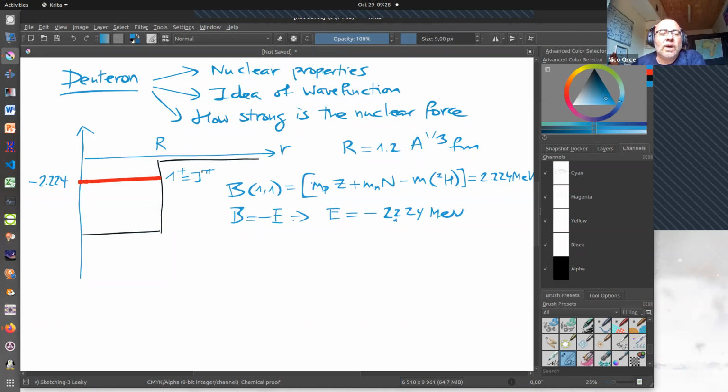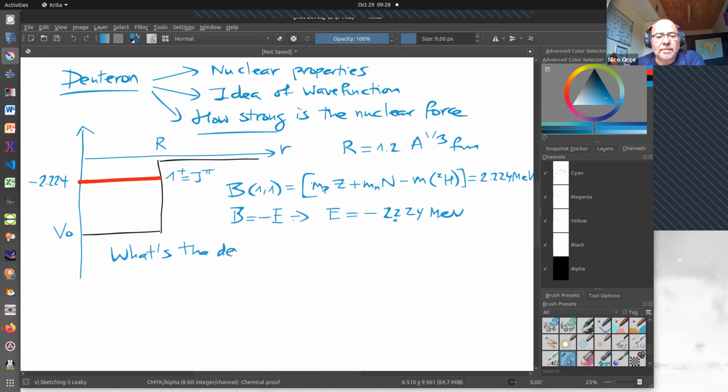And today we want to investigate what is this V naught, right? What is this potential? What is the depth of the potential? What's the depth? That's how strong is the nuclear force.